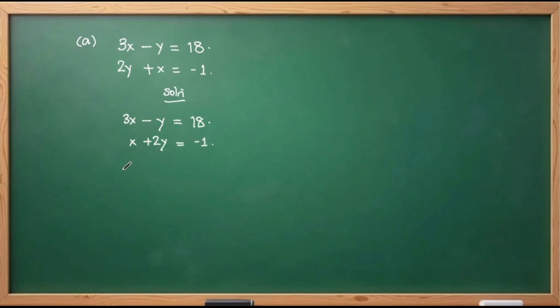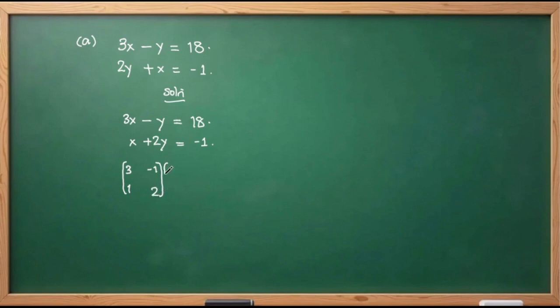Out of this, let's extract the matrix of coefficients of the unknowns. The first element is the coefficient of x, and that is 3. Then here we have 1, then here negative 1, then here positive 2.